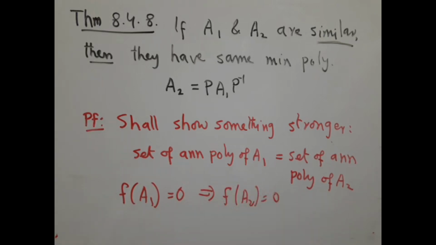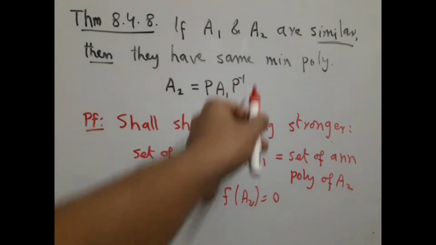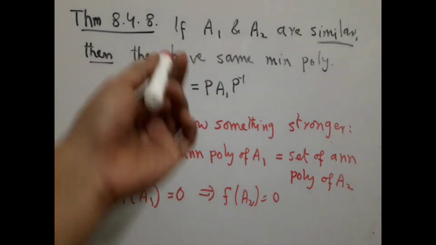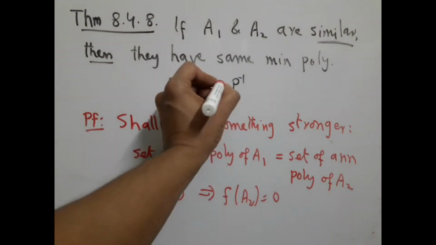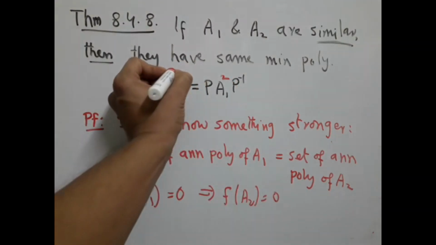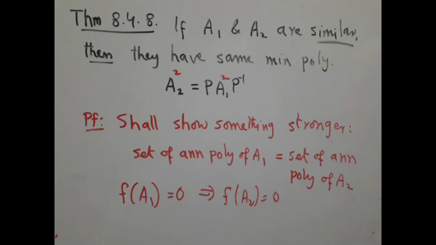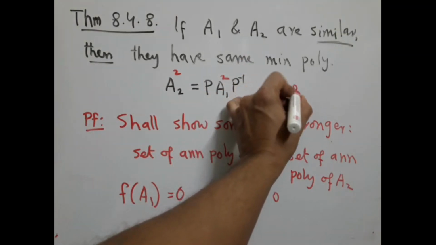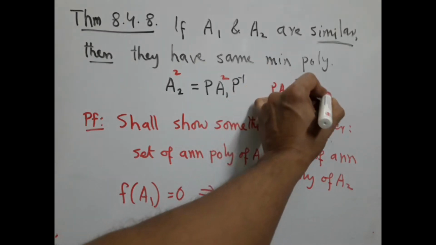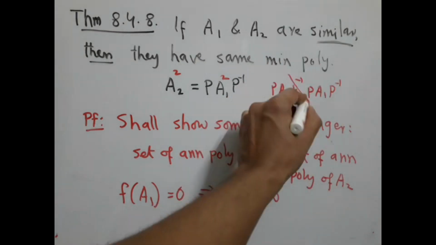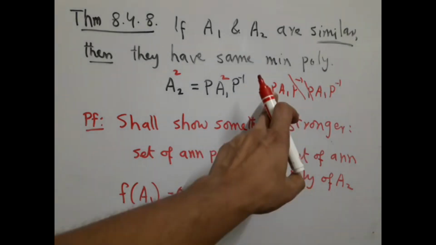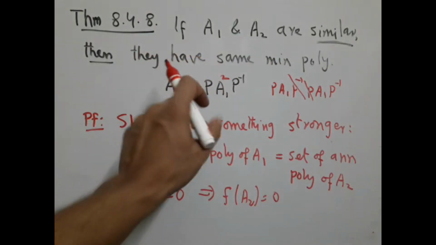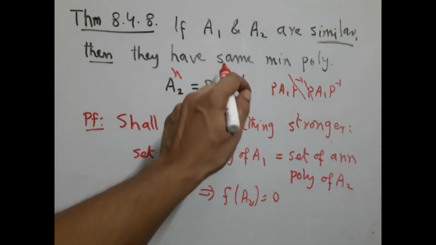And that is simply because, just observe this, that similarity transform plays very nicely with power. So if I have this, raise this to square, this will also be raised to the square. And why is that? Because P A1 P inverse, P A1 P inverse, this P inverse P cancels off, so you are left with P A1 square P inverse. And similarly, whatever power you put, you will always get this thing.